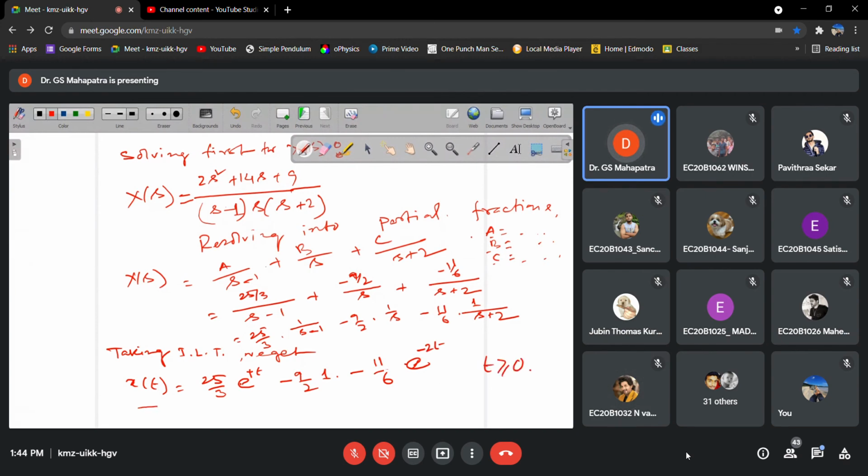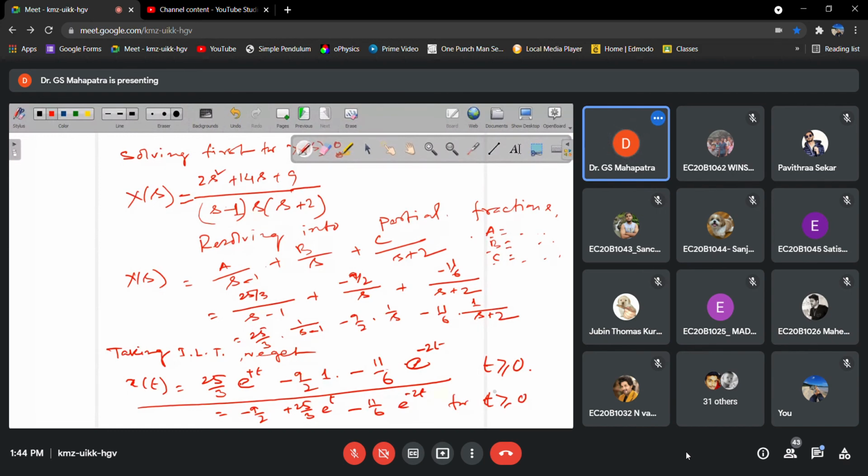This is the solution for x of t. You can rearrange it as minus 9 by 2 e to the power minus t, plus 25 by 3 e to the power t, minus 11 by 6 e to the power minus 2t, for t greater than or equal to 0.